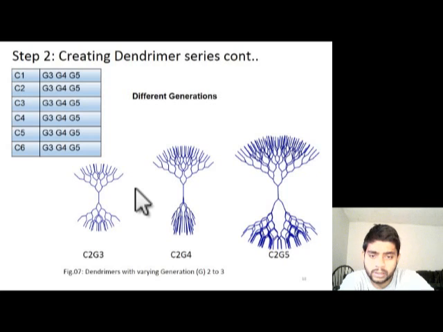G3 means there are three homogeneous layers from core to outer layer, and we get three different dendrimers: G3, G4, and G5.